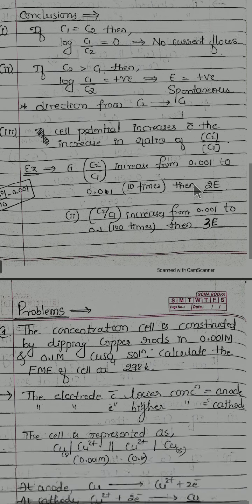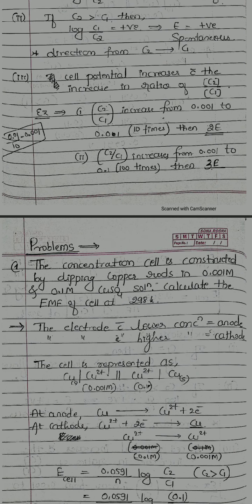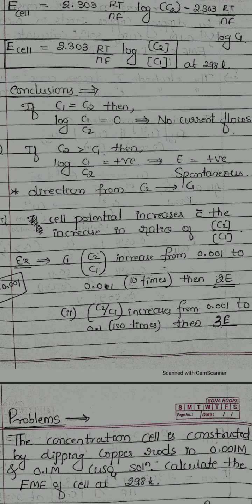Okay, so in the third case, the cell potential increases with the increase in the ratio of C2 by C1. So we'll see that by using examples.